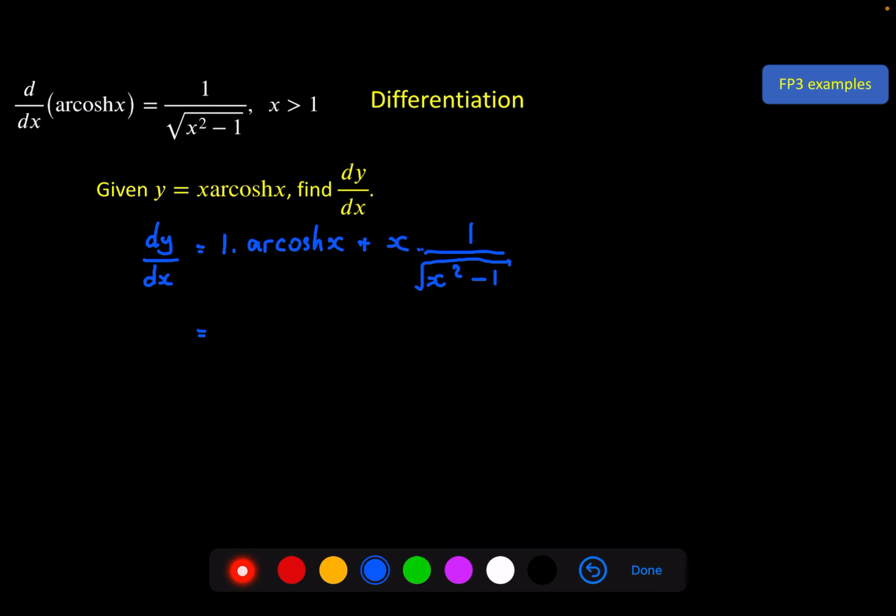And then I should just tidy that up. And there is my result. I guess if I was really formal, I should put x greater than 1 there. But you would not normally lose a mark in an exam for that.